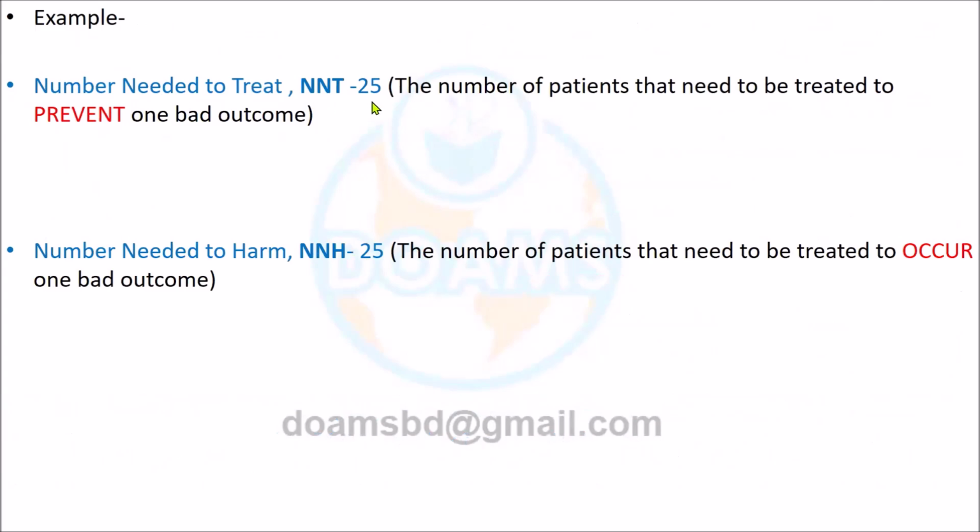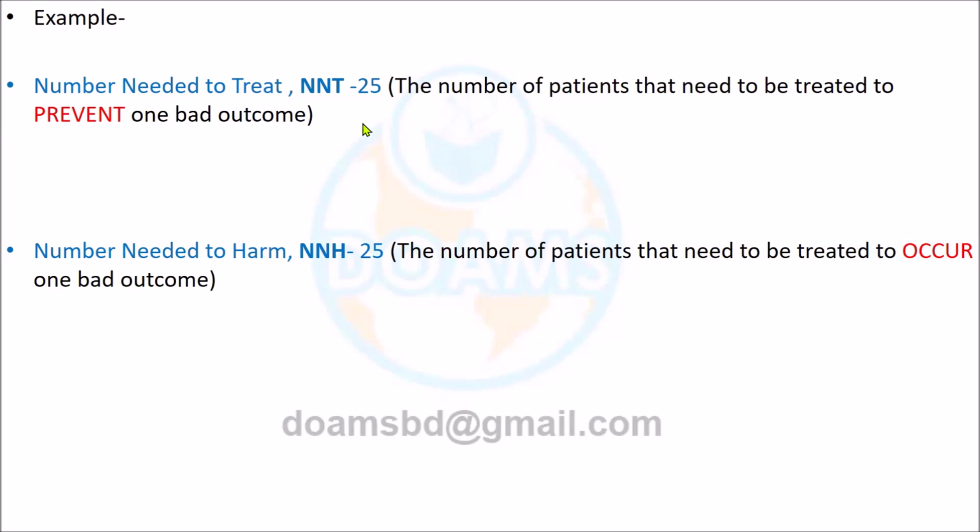So another example. NNT 25 means we have to give treatment to 25 patients to prevent one bad outcome. Again, for the NNH, that slide is there. The number of patients needed to be treated for one bad outcome to occur. It is to occur, one bad outcome. The NNT is to prevent one bad outcome.